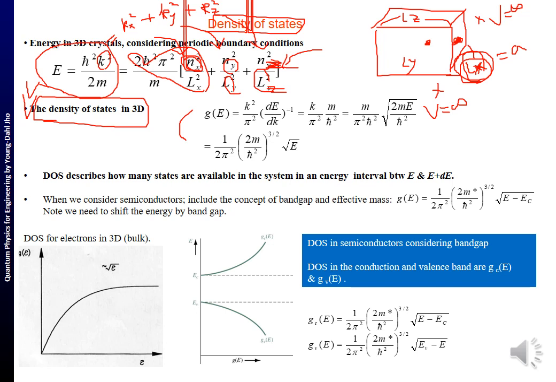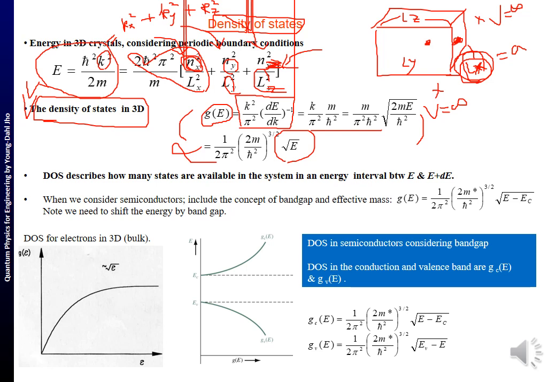So we'll just accept some of the important results here, right? And the density of state is defined as shown here. So d, dk, then we eventually will see that the density of state is proportional to square root E.